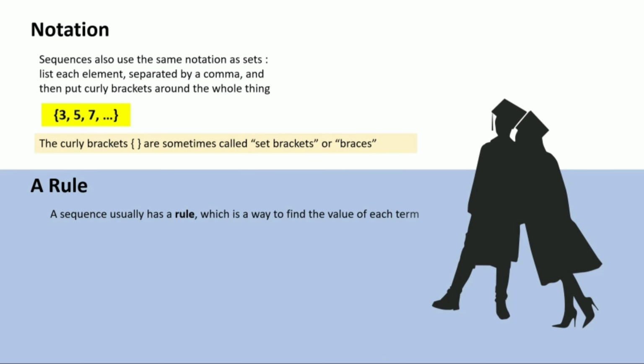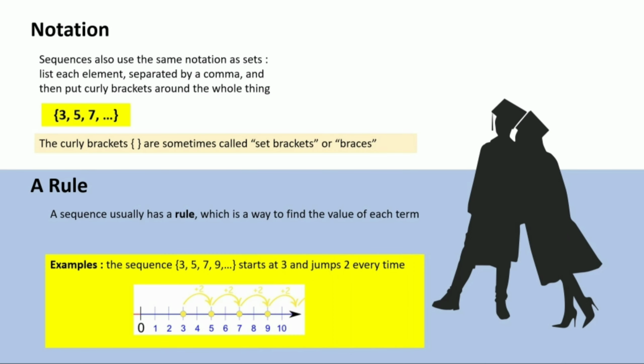How about the rule? A sequence usually has a rule, which is a way to find the value of each term. For example, the sequence 3, 5, 7, 9, ... starts at 3 and jumps 2 every time. For the specifics, you can see the picture in this slide.